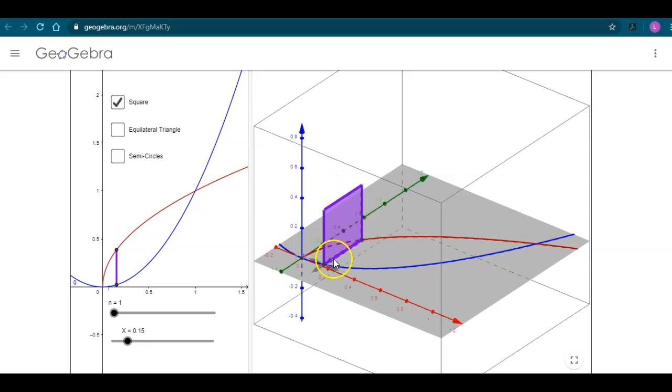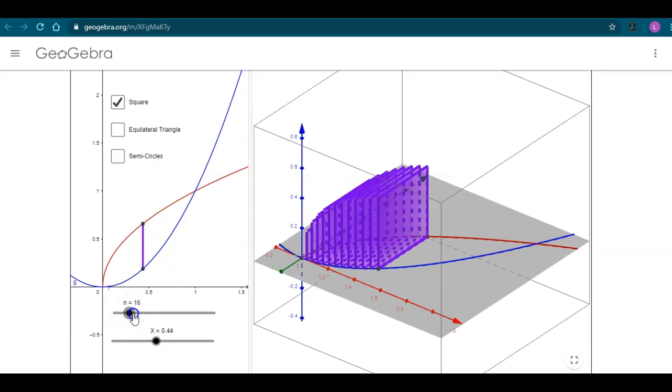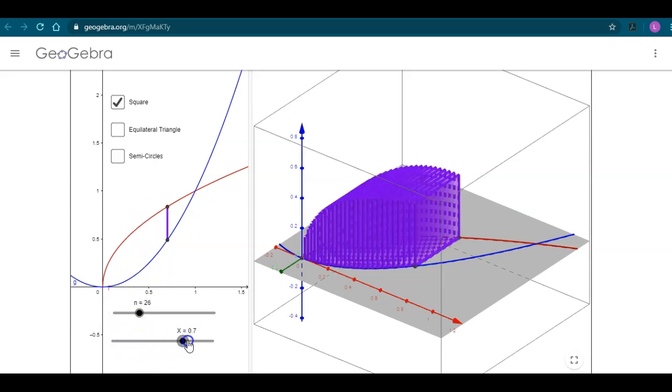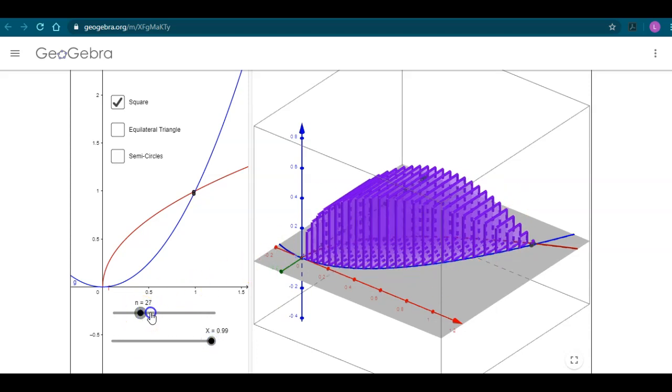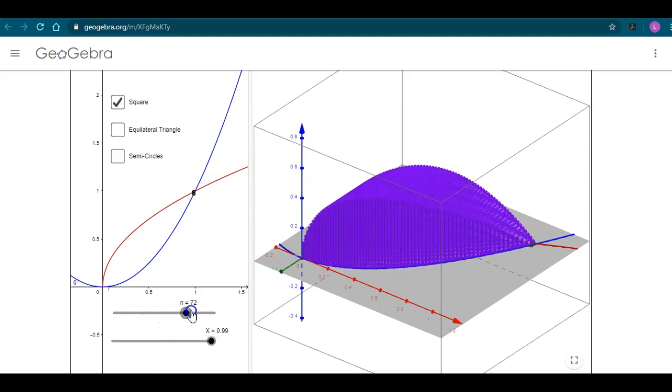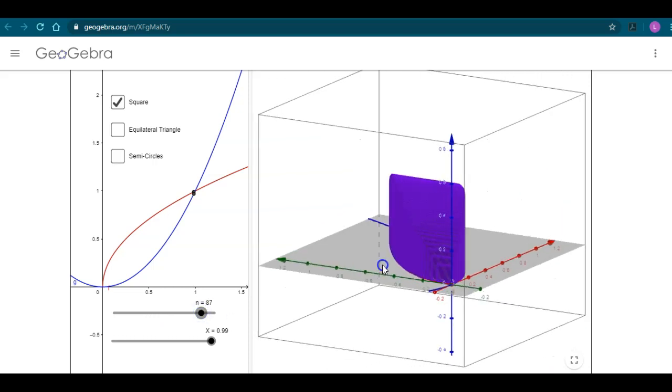All of my cross sections that go up from the XY plane are going to be squares. So I might add a few of these in here. We're going to build up a whole bunch of these squares, and the volume of all of those squares added together will be the volume of this solid.